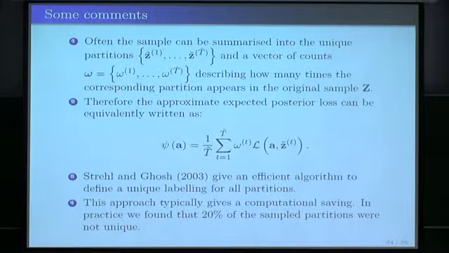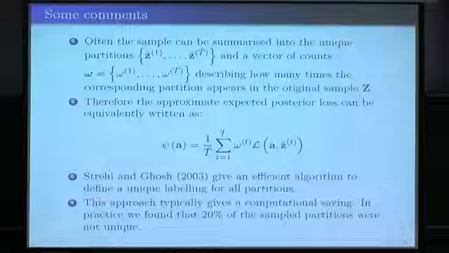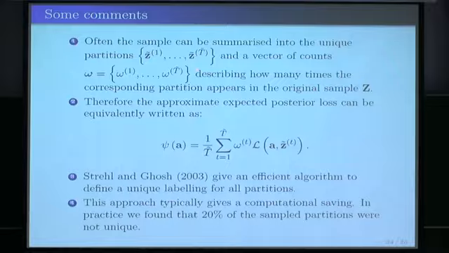So finally, to add a quick comment: when we generate a sample of partitions from the posterior, often the number of unique partitions is a reasonable fraction smaller than the sample size itself. So what we can do, although it's expensive to do so, is summarize the unique partitions as z tilde 1 up to z tilde t, and look at the counts telling us how many times each of these different partitions occurred.